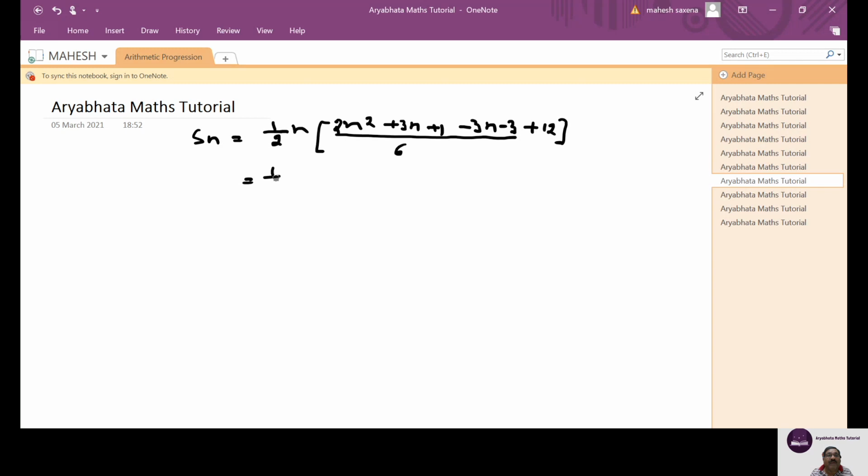That is 1 by 2n. This 3n and 3n will be cancelled out. It will be 2n square, 12 plus 1 is 13, minus 3, that is 10 upon 6. Therefore, take 2 common, then it will be n into n square plus 5 upon 6.